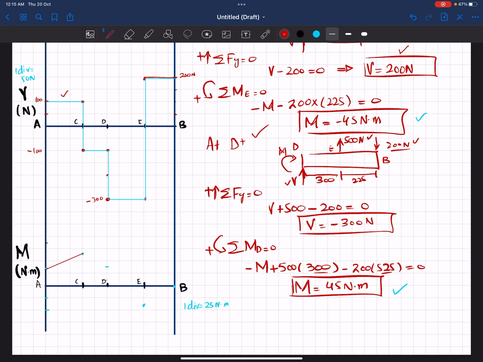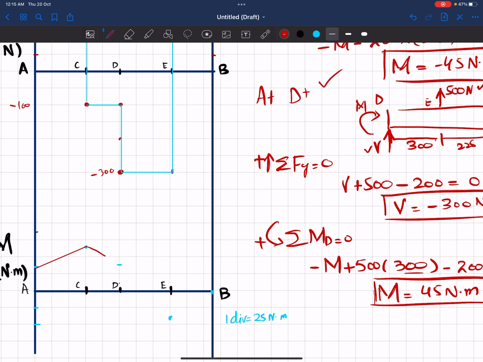From C to D the loads have changed, so we just join them. Similarly from D to E you can join these 2 points with a straight line, and from E to B a straight line.